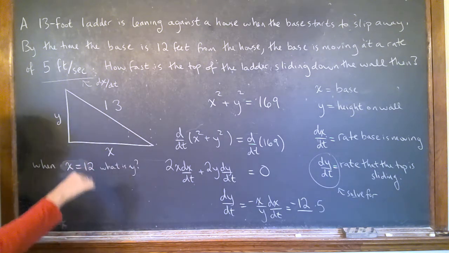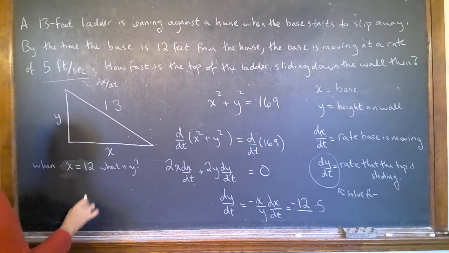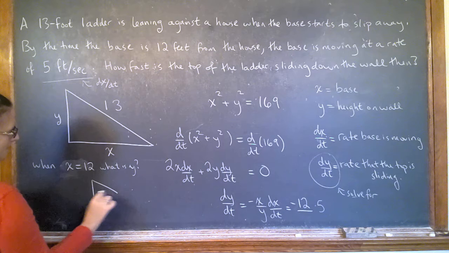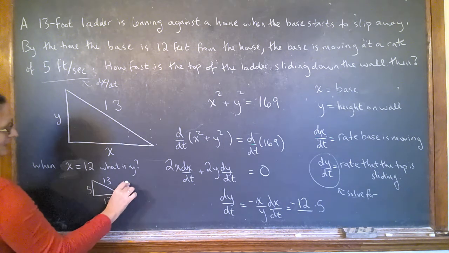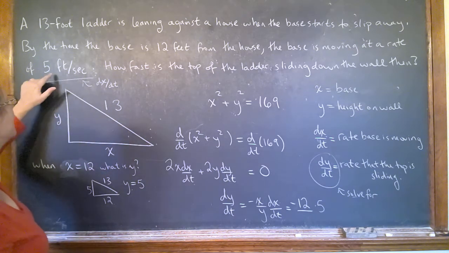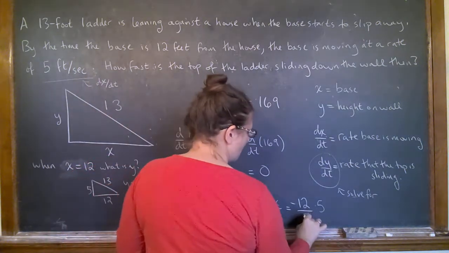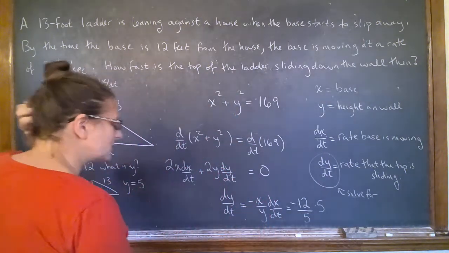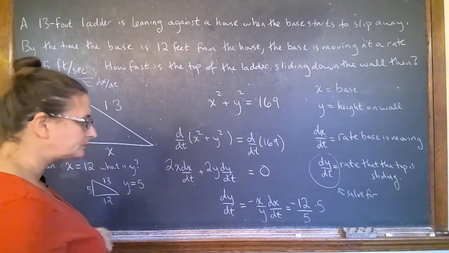Well, I can just solve it with this right triangle, and you don't even need to really solve it, because it's a 5, 12, 13 triangle. So y is 5 at that point. I don't know why they made it 5 here, just so that it worked out pretty, I guess. But those two are sort of separate because it could be going at whatever rate they told you.